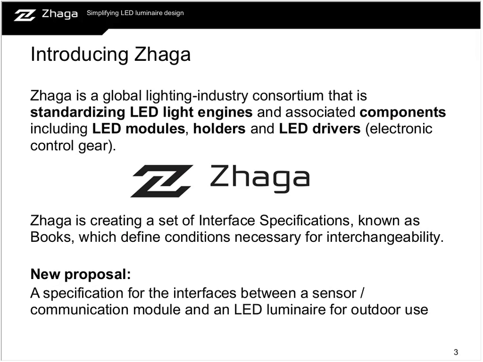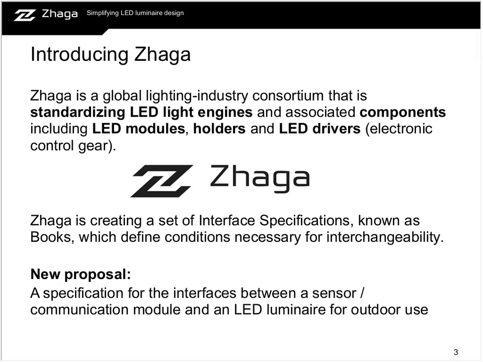We are creating a set of interface specifications known as books, which define the conditions necessary for interchangeability. And the purpose of the webinar today is that we have a new proposal, and this is slightly different from our existing proposals. In fact, it's a specification for the interface between a sensor communication module and an outdoor luminaire.